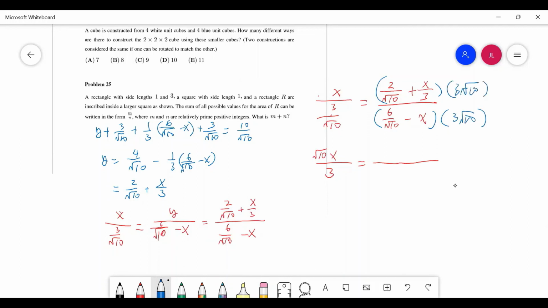All right, so the bottom one, we're going to get 18 minus 3 square root 10 x. The top one, we're going to get 6 plus square root 10 x.